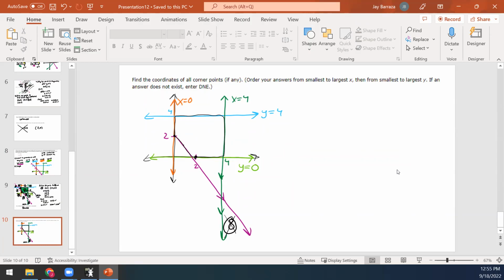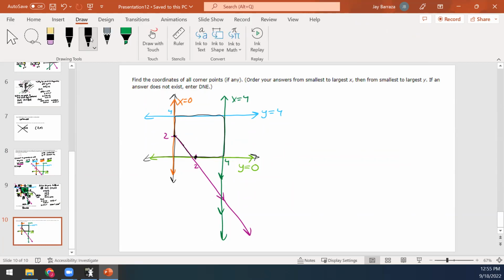And get rid of that. There we go. Okay. So we have established that this right here is my solution region.